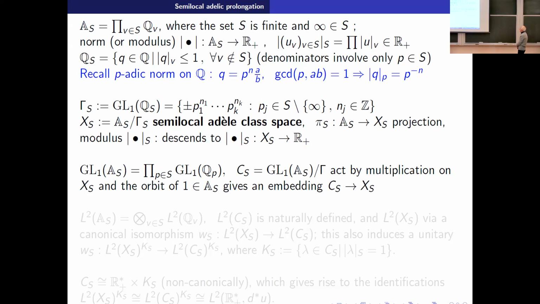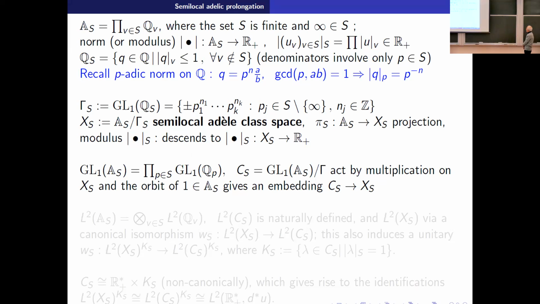The invertible elements, GL1 of A_S, is the product of GL1 of Q_p for p in S. And on the other hand, if you take GL1 of A_S and divide by Gamma, this is a good space.